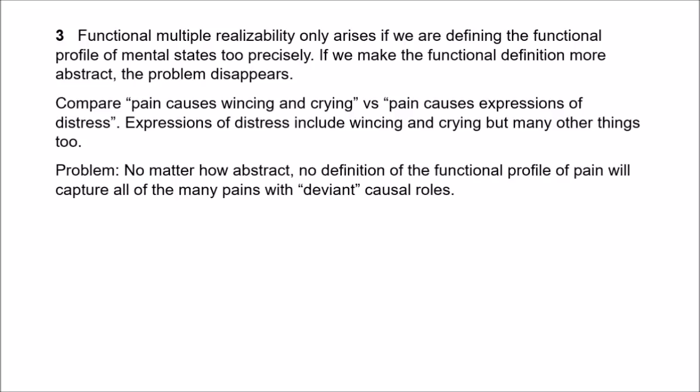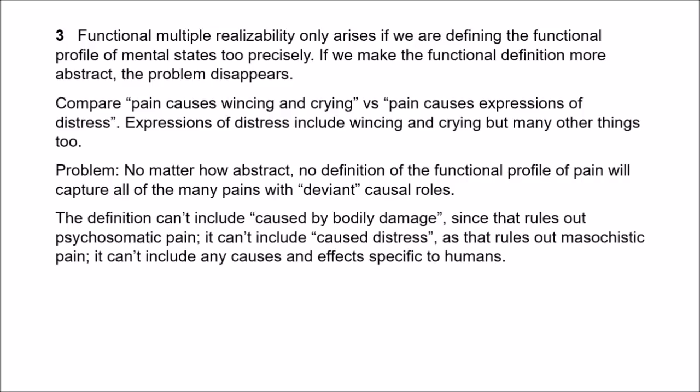So the question is, in light of all the examples of pains with deviant causal profiles, what exactly will this more abstract definition of the causal profile look like? And the worry here is that no matter how abstract you try to go, no definition of the functional profile of pain will capture all of the many pains with deviant causal profiles. So we know that the functional definition can't include caused by bodily damage because that rules out psychosomatic pain. It can't include causes attempts to alleviate it or causes withdrawal because that rules out the masochist's pain.